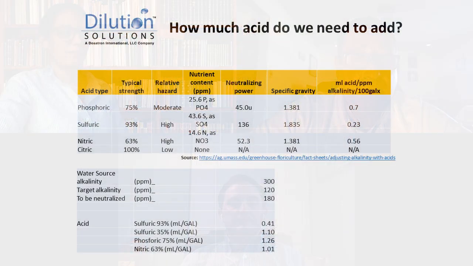Absolutely. It really depends on what their source of sulfuric acid is. Sulfuric acid, as I think we all know, can be offered in different concentrations, from almost pure 93% to lower concentrations; about 35% is not uncommon.